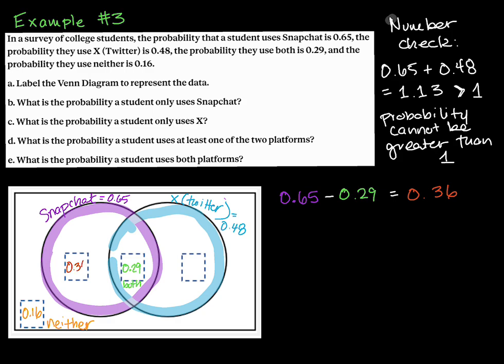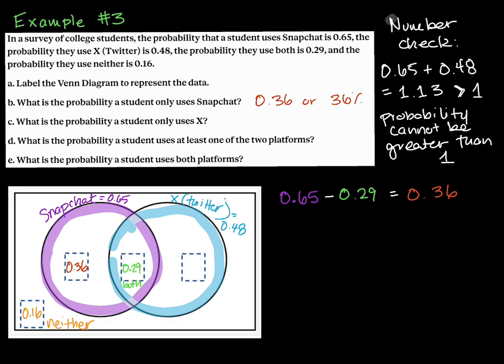So 36% of students only use Snapchat and not Twitter. They could be using something else like Instagram or Signal or whatever, but between just Snapchat and Twitter, there's 36% who use Snapchat but not Twitter. So the answer for B is 0.36, which is 36%.